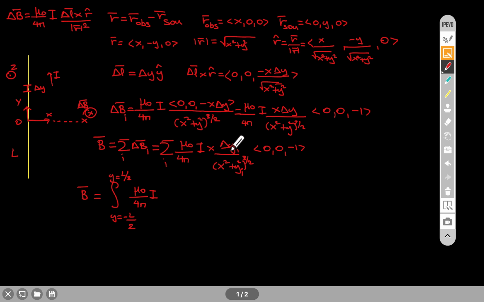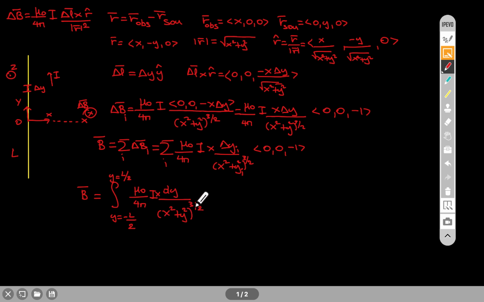Now the delta y was the length of the short piece of wire when I take the limit with the number of pieces going to infinity. This becomes my dy, the infinitely small length. And then I have the x times dy, and then I'm dividing this with x squared plus y squared to the power of 3 over 2.